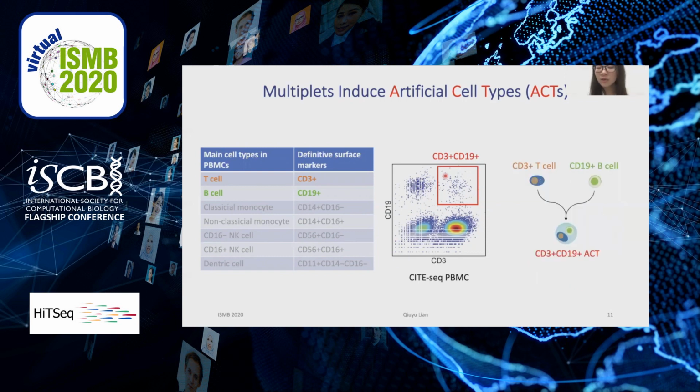In reality, for CITE-seq technology, during the droplet formation process, we could have multiplex containing both T cells and B cells. And when this happens, it will manifest in the scatter plot as a particular cell type. Well, this cell type does not really exist. They are artificial cell types, ACTs.